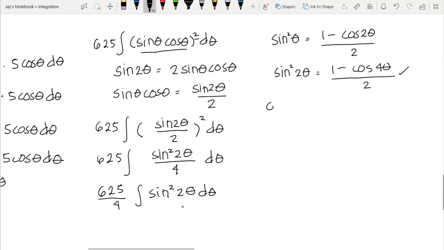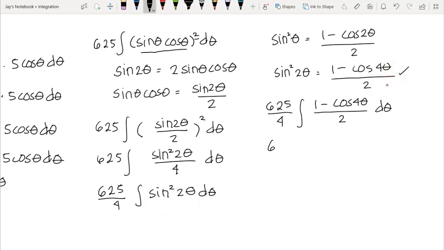So we have 625 over 4, the integration of, sine squared 2 theta is equal to 1 minus cosine 4 theta over 2, d theta. So we substitute sine squared 2 theta in terms of 1 minus cosine 4 theta over 2.